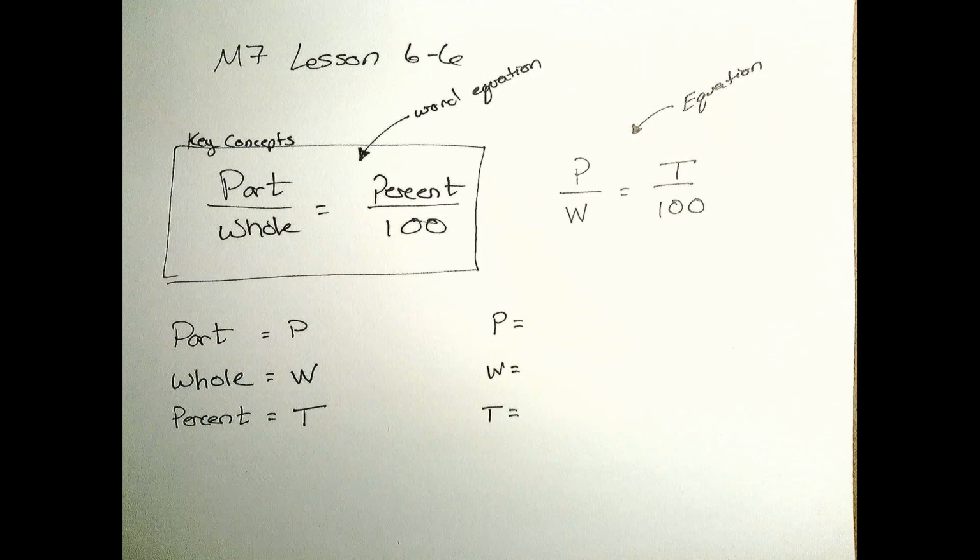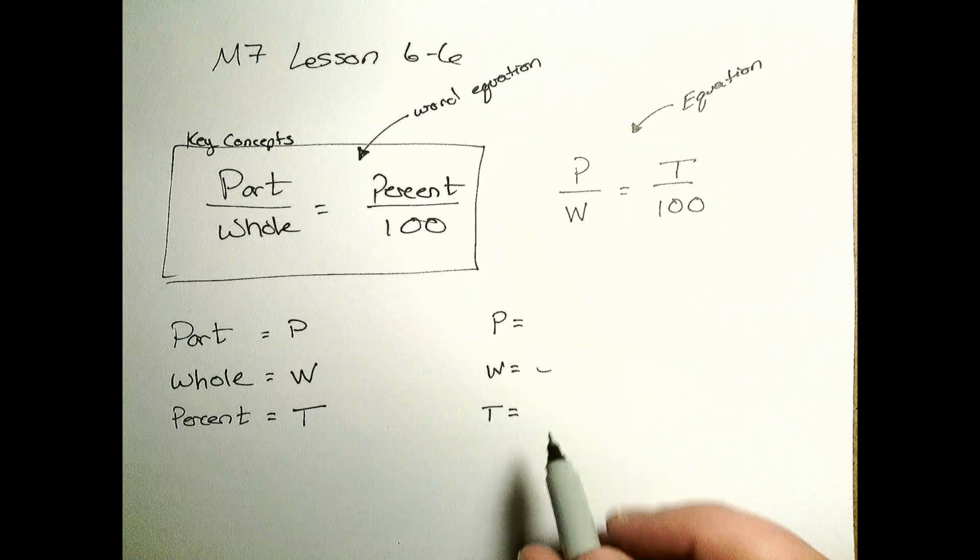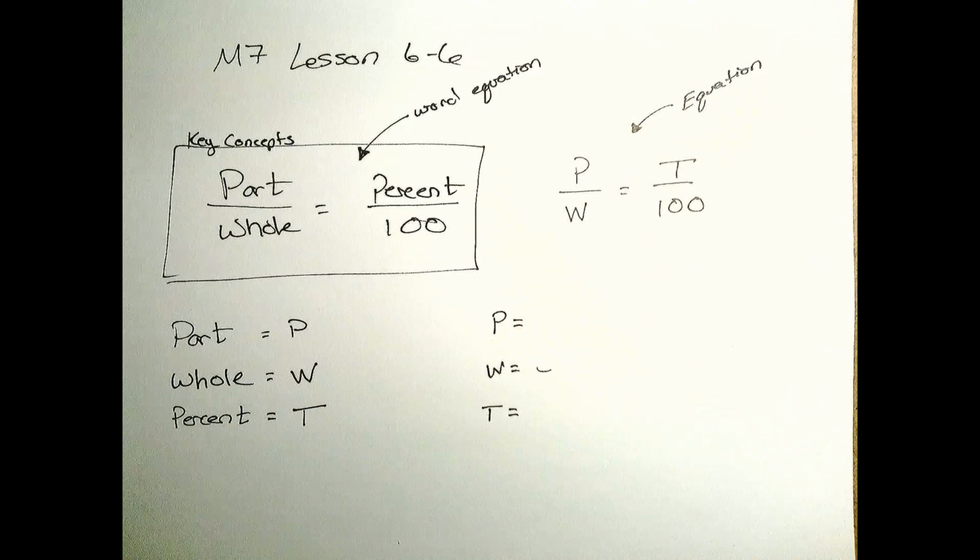Or if I want to find momentum, I take mass and multiply it by, does anyone remember? Velocity, exactly. So these are equations, right? They are known things that produce a known result. So in this particular situation, we're going to have something over here, and something over here, and something over here. I made a mark. And those things, when used, will create the part, the whole, and the percent. Okay, so this is how we're going to figure it out.